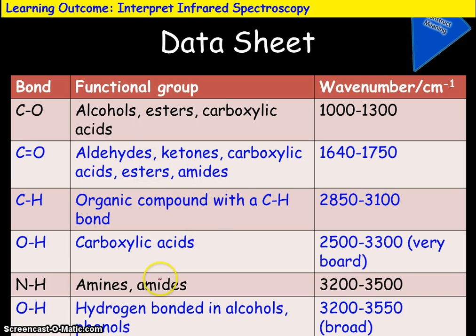If you had both of these, then you would get a carboxylic acid. So a carboxylic acid will have this vibration, and it will also have an OH vibration, but it will be slightly lower down because of the effect of adding this group on this bond. It will be further down, but it will be very broad.